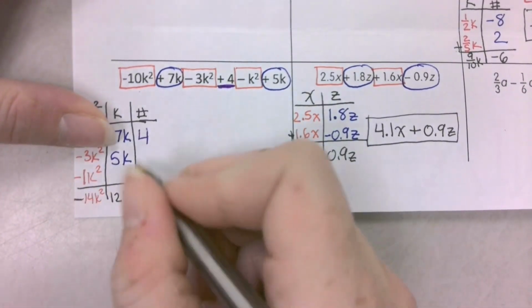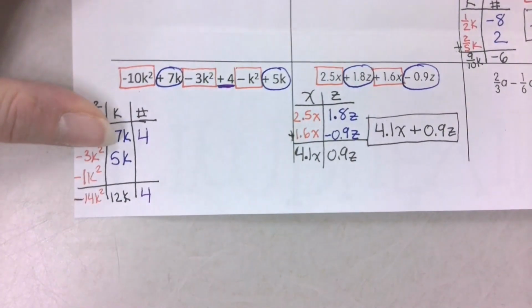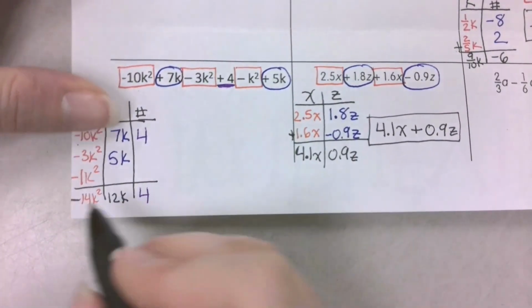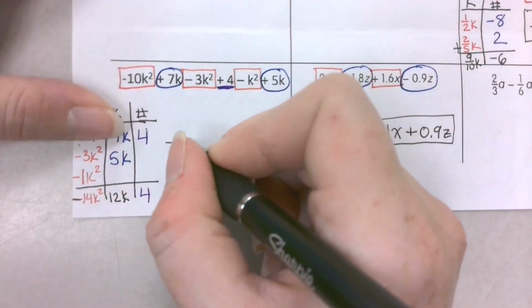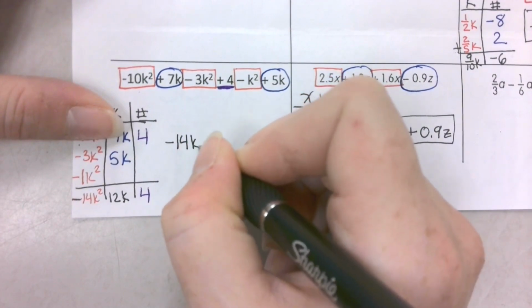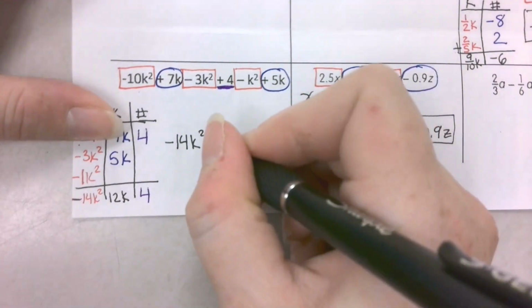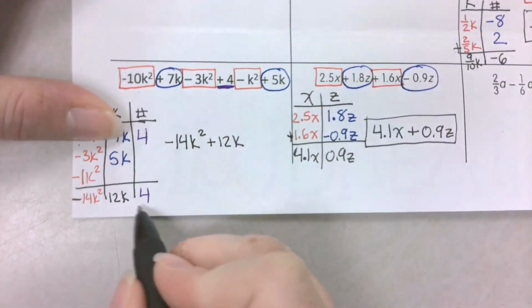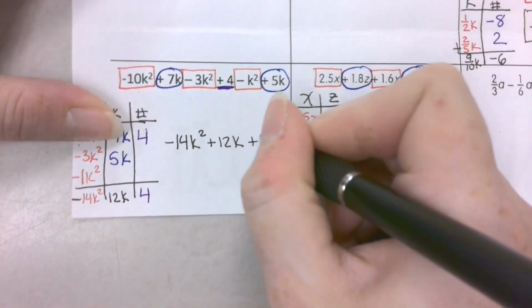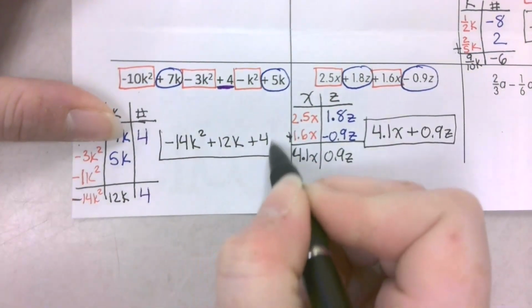And then 4 plus nothing is just 4. Now let's write our answer outside of our t-chart. We have negative 14k squared. Positive 12k makes it a plus 12k. Positive 4 makes it a plus 4. And that is your simplified expression.